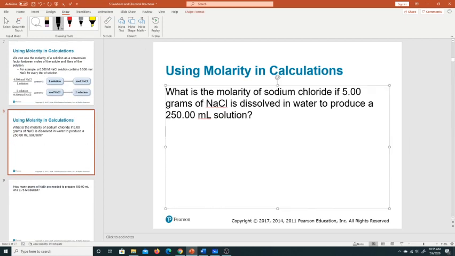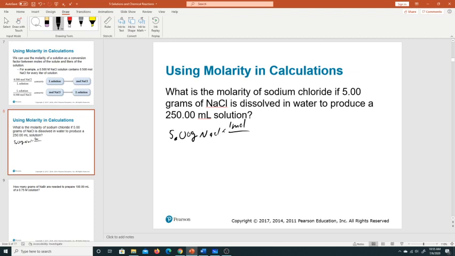For example, what is the molarity of a sodium chloride solution if 5.00 grams of sodium chloride is dissolved in water to produce a 250 milliliter solution? So you say, well, 5.00 grams of NaCl. We get to convert grams to moles.